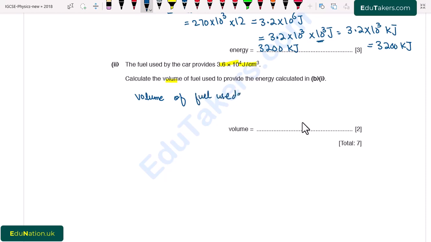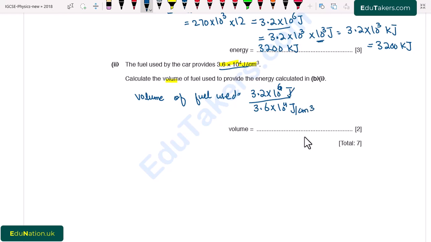This value, that is 3.2 into 10 to the power 6, and this is the energy, so its unit is joule, divided by this value, that is 3.6 into 10 to the power 4 joule per cubic centimeter.